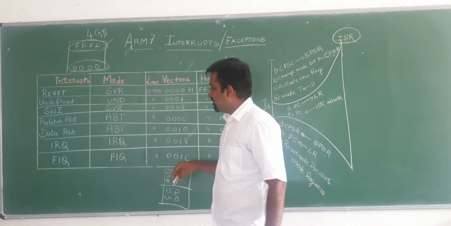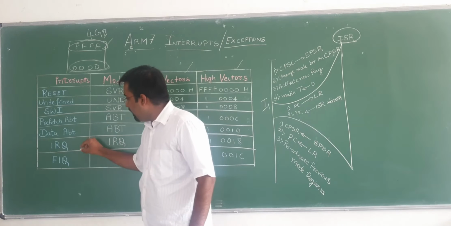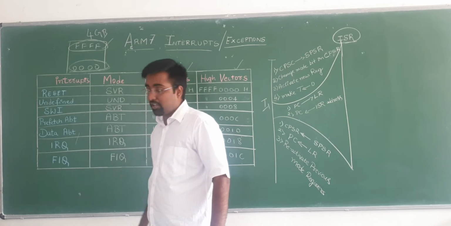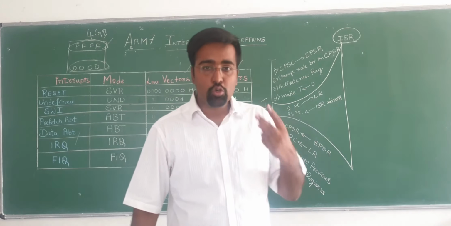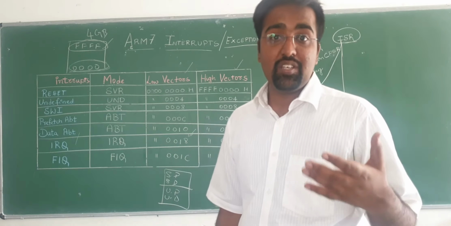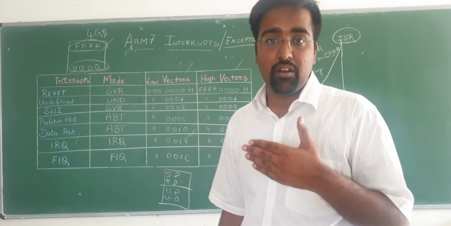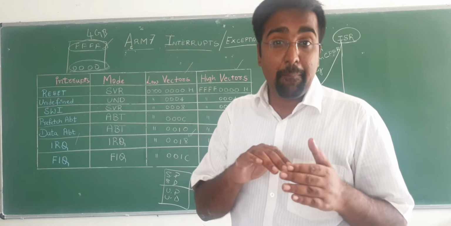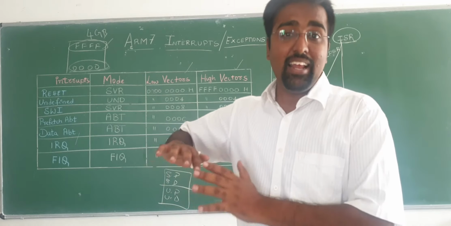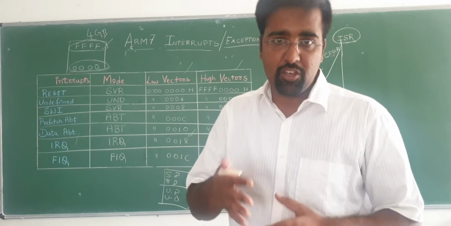Why? Because there are two interrupts which lie between your data abort and your IRQ, which were used in the previous versions of ARM, which I am not using in this particular version of ARM. So I just kept it idle.